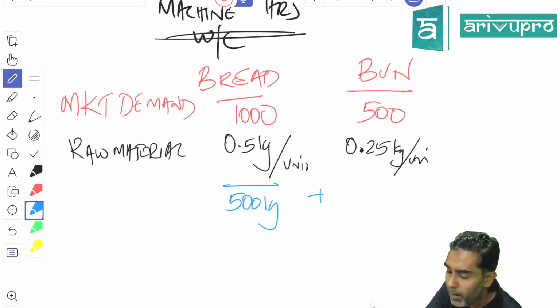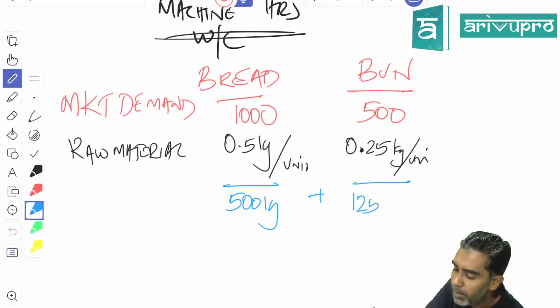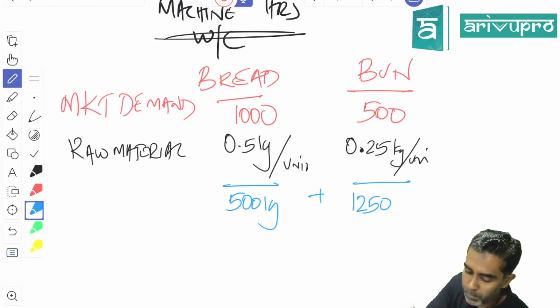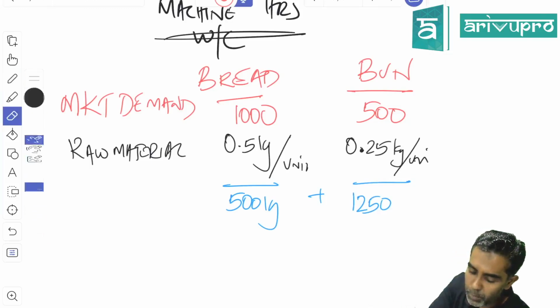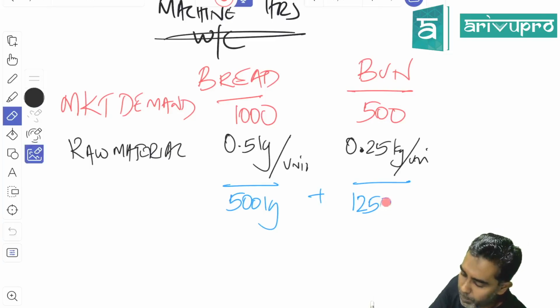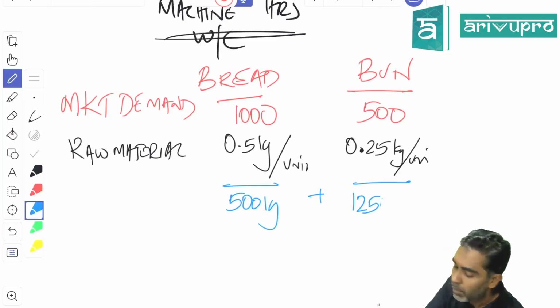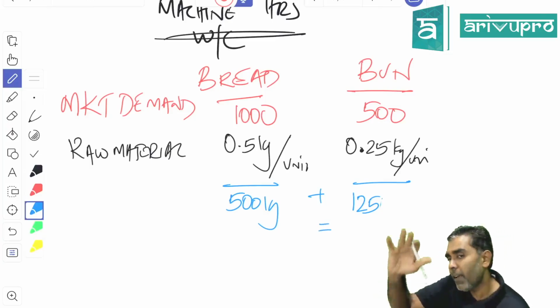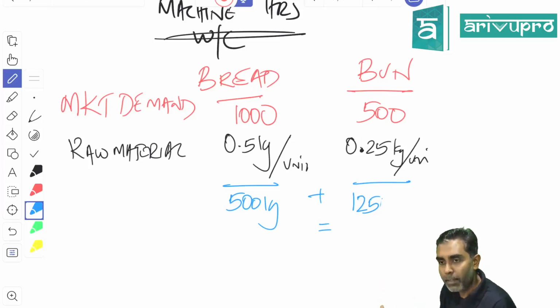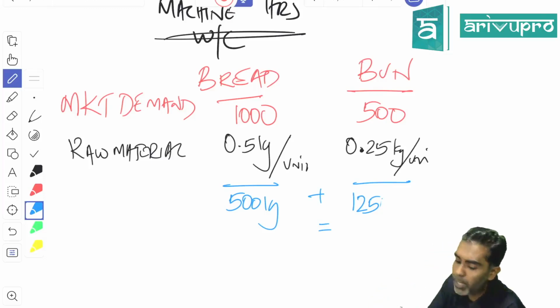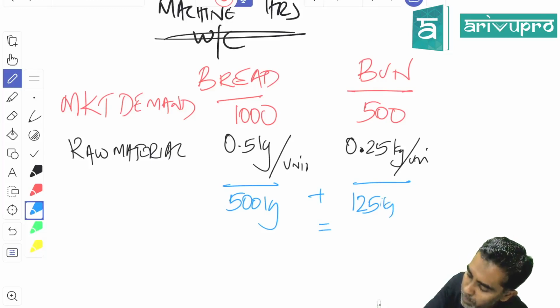If you look at bun, totally 125 kilograms are needed. To satisfy all customers in the market, you should have in your store 625 kilograms.